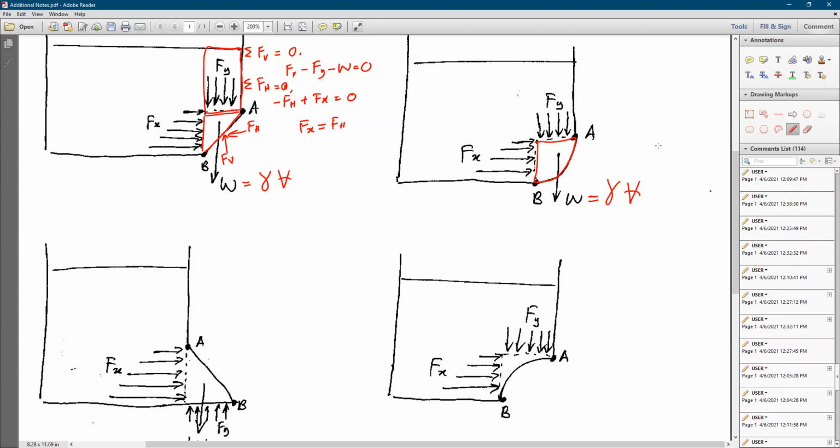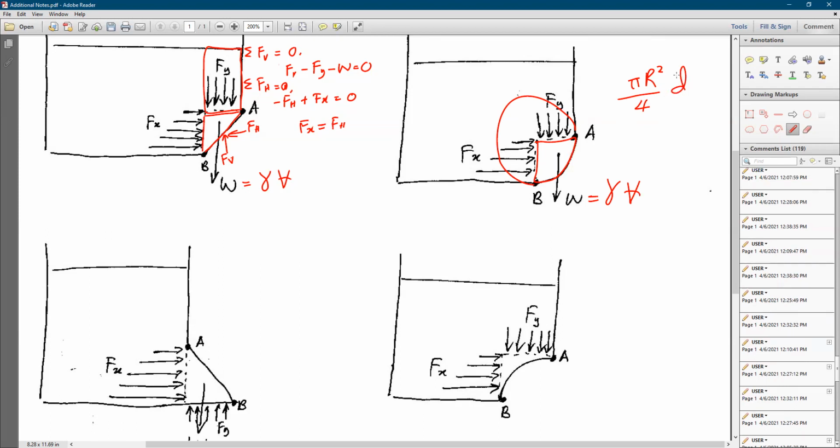The volume of that pipe is from a complete circle, right? So you only take a quarter of that. That is equal to pi r squared. Because you only take a quarter of it, you divide by 4, right? Then you multiply by the length of it, the depth or the length.